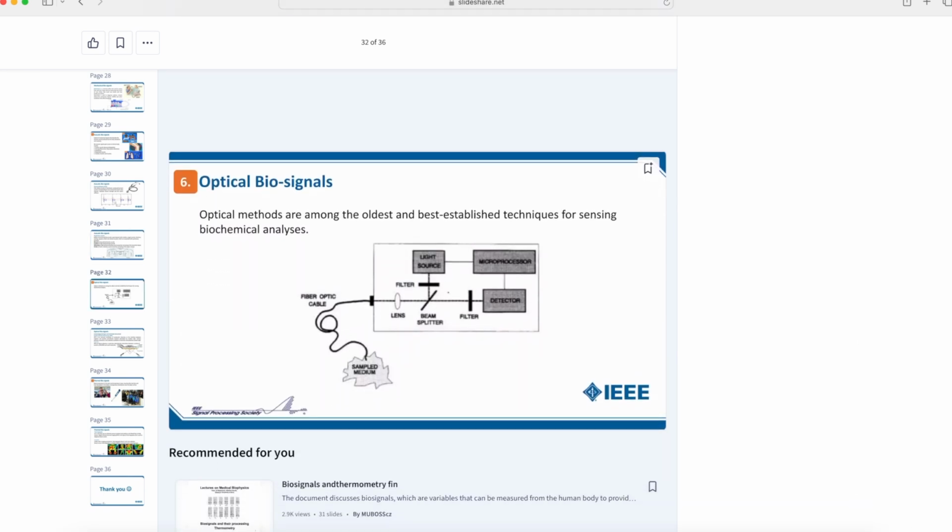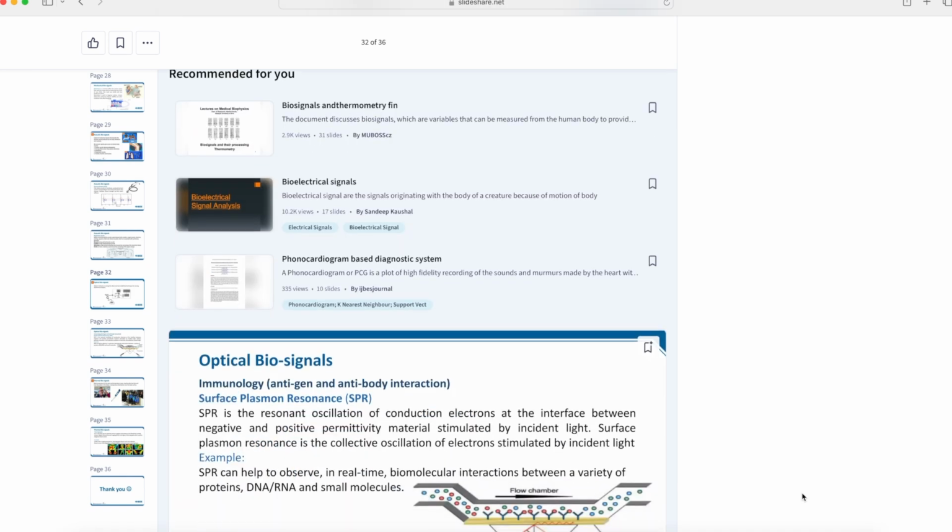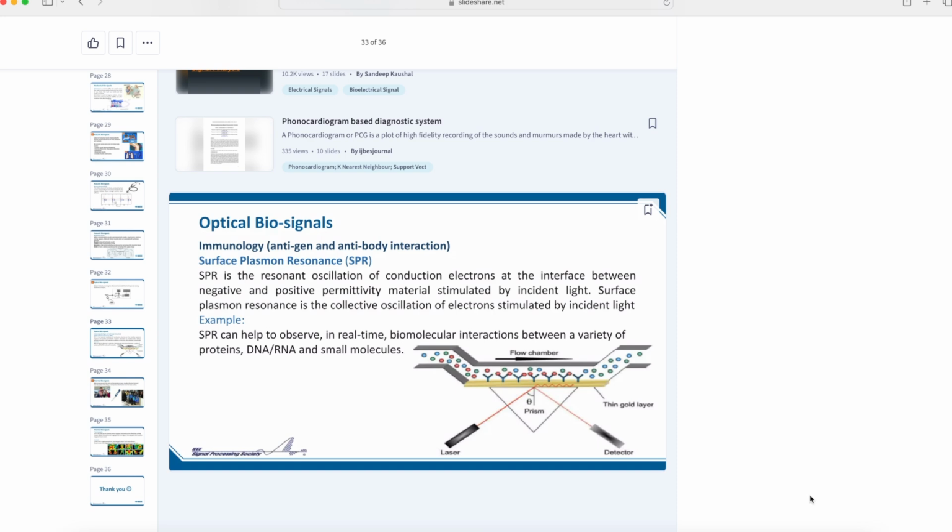Number 6. Optical biosignals. Optical methods are among the oldest and best established techniques for sensing biochemical analyses. Immunology. Surface plasmon resonance. SPR is the resonant oscillation of conduction electrons at the interface between negative and positive permittivity material stimulated by incident light.